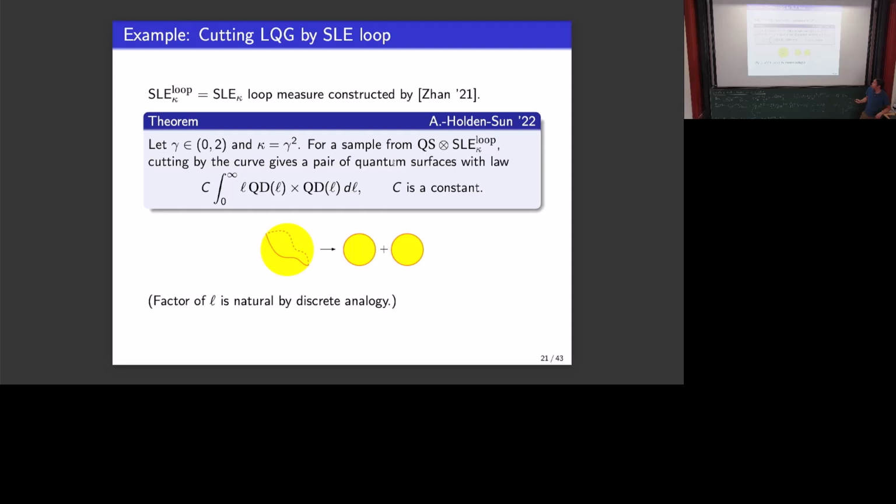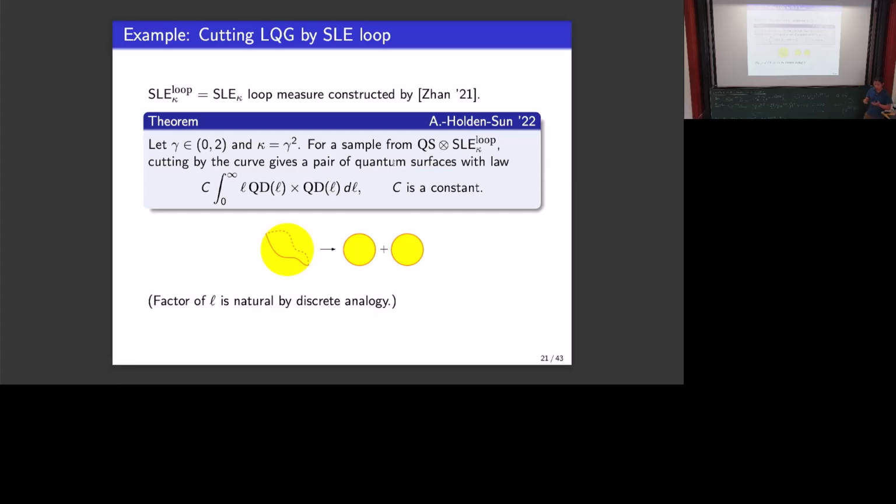So a couple of remarks. The first is that this QDL is not a probability measure. It comes together with the partition function corresponding to the set of random surfaces with boundary length L. And then you further have this factor L in front of it, which corresponds to the number of ways to glue together your two surfaces, intuitively speaking.